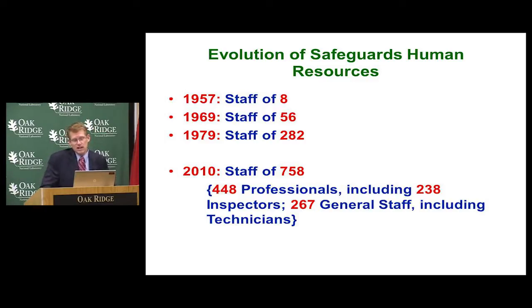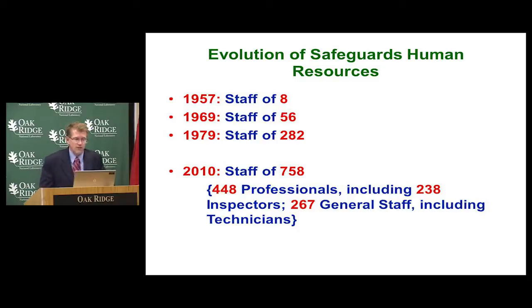The agency in the mid-80s began a period of what is called near zero real growth. There was a slight increase to account for inflation, but there was not any increase in the budget above that. So the agency's activities were pretty flat between the mid-80s, 1985, and the end of the first decade this century, 2009 or so. Over the last couple of years, there has been an increase in budget.